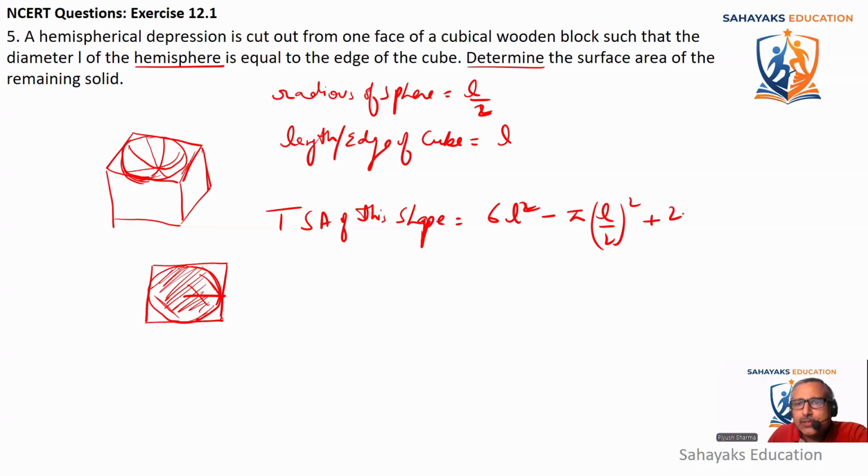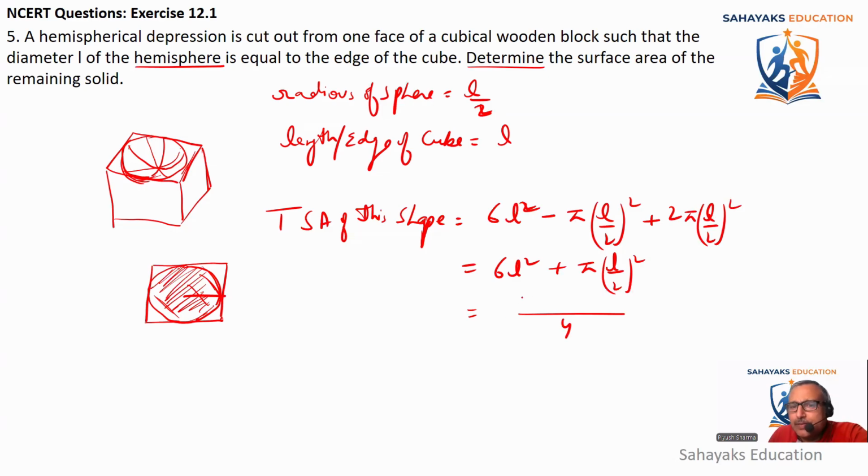Okay, so that is 2 pi r square. R is what? L by 2 square. So it comes out to be 6L square, minus pi (L by 2) square, plus 2 pi (L by 2) square. Okay, if I take the LCM of it, it comes out to be 4.